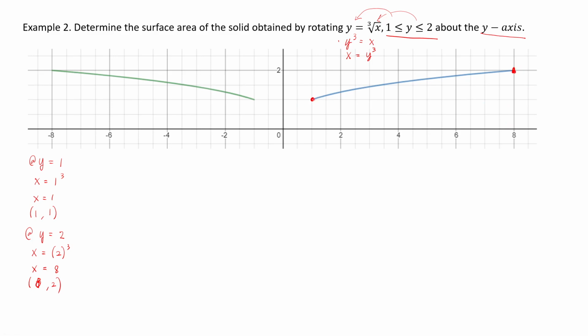Then you create a curve. And then since you're rotating about the y-axis, you generate a funnel. It's like a funnel type of surface area. I find it hard to draw on my tablet. So most likely that is your surface area. It's like a funnel.